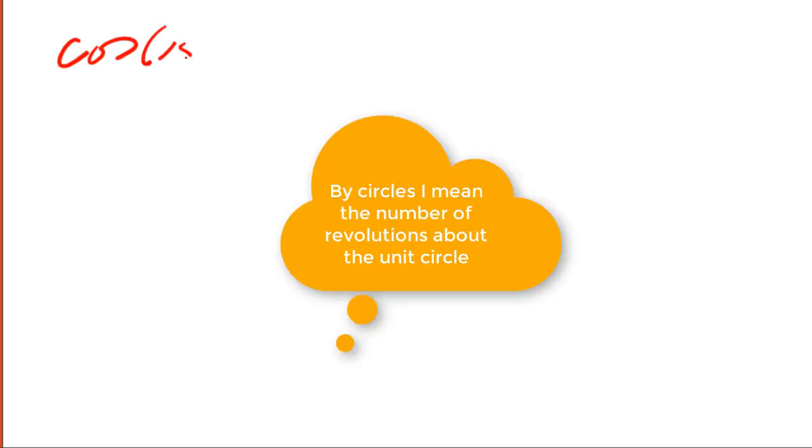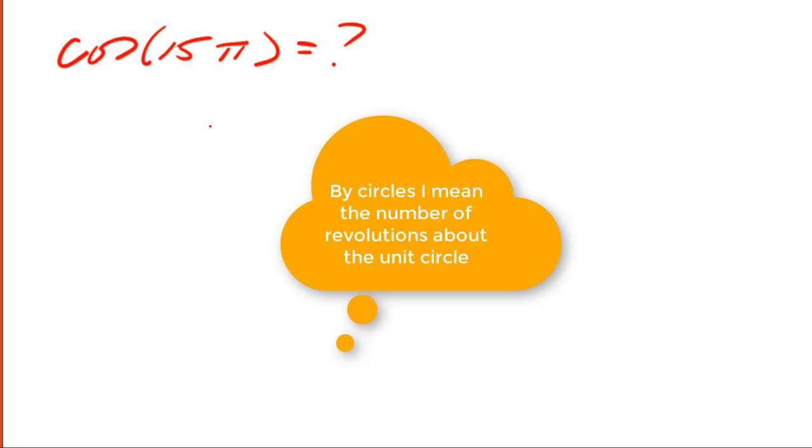And I want to start with a simple example. Suppose I had cosine of 15 pi, and I had to evaluate that. Well, I could see immediately that at 15 pi I'm going in circles quite a number of times. And the trick is to figure out how many circles I am going.